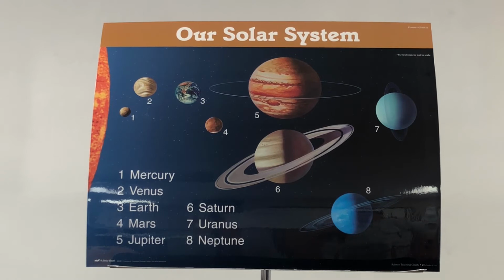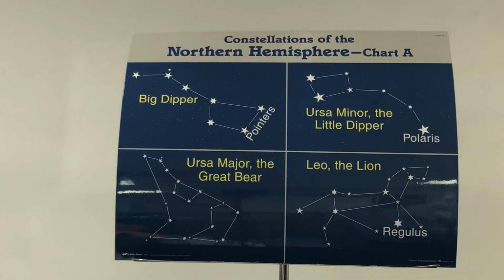Remember, we're starting at the sun and going further and further away from the sun. So the closest planet to the sun would be Mercury, and the furthest planet from the sun would be Neptune. Very good.